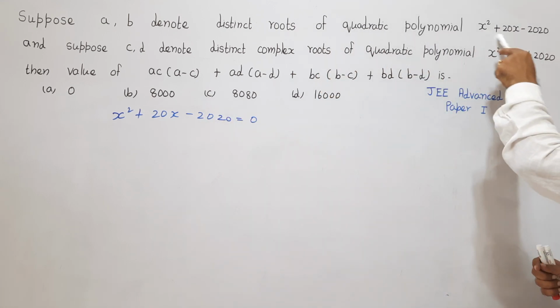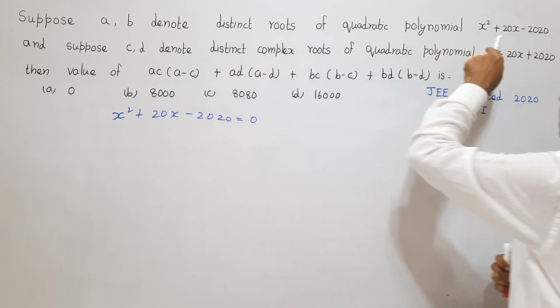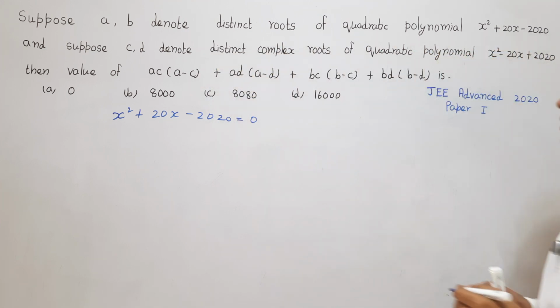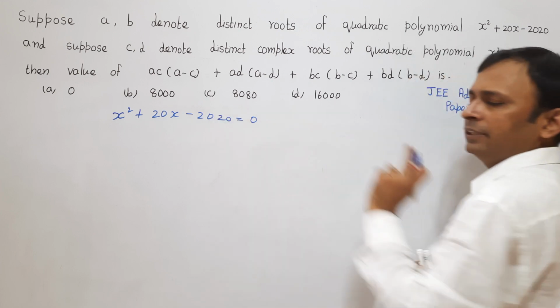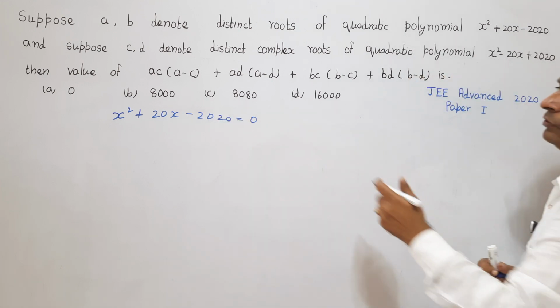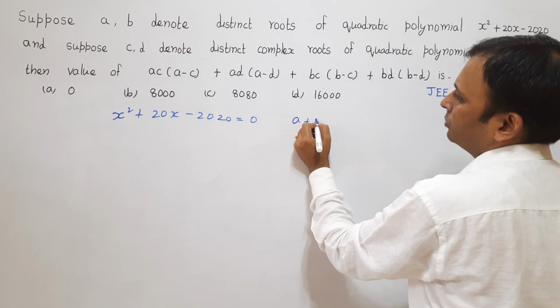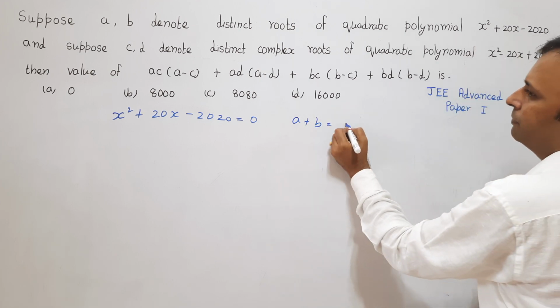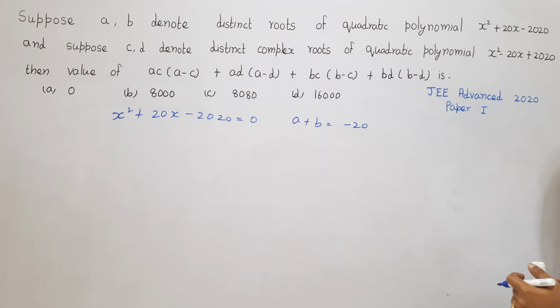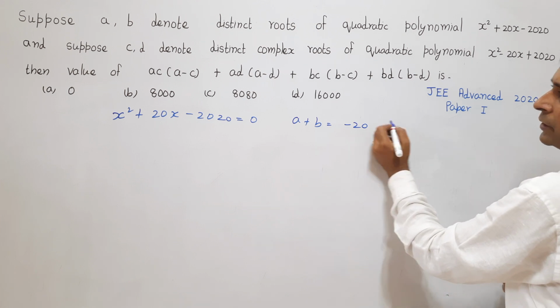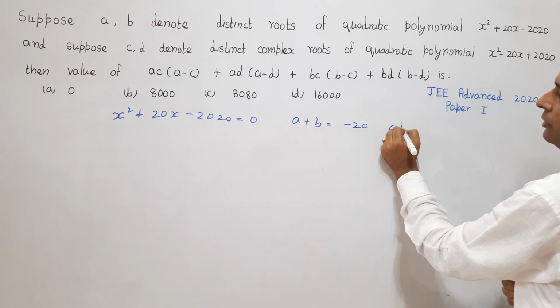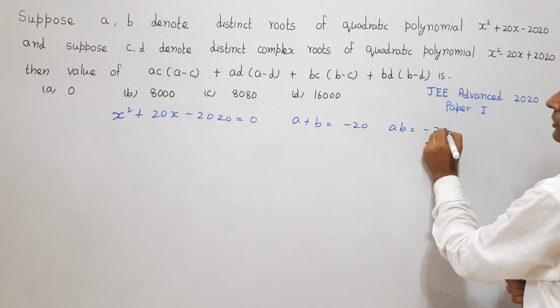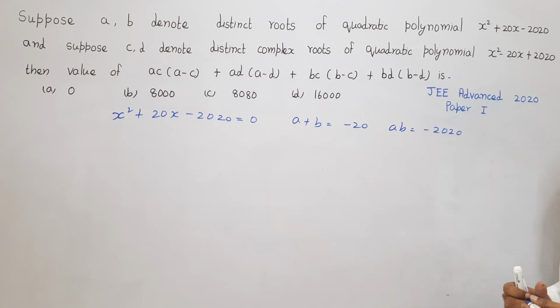Because A and B are the roots of this quadratic polynomial, they will satisfy this quadratic equation, which means the sum of the roots A plus B becomes equal to minus 20, and the product of the roots, which is A into B, becomes equal to minus 2020.